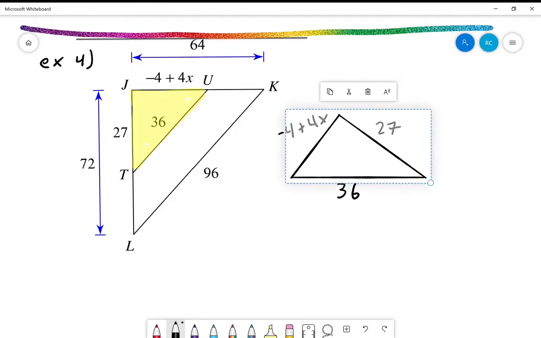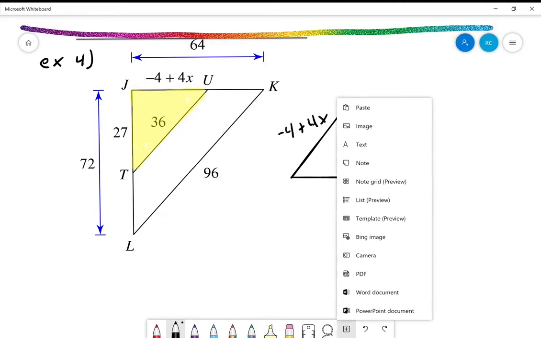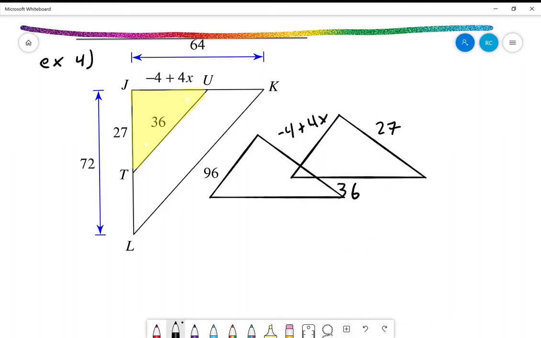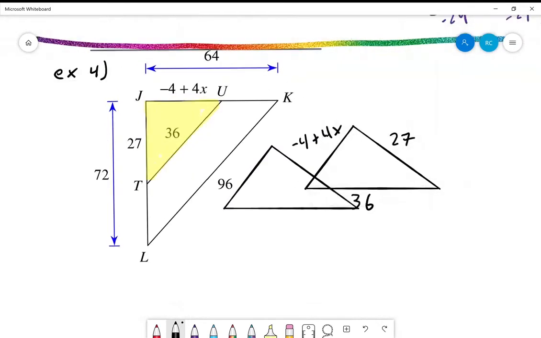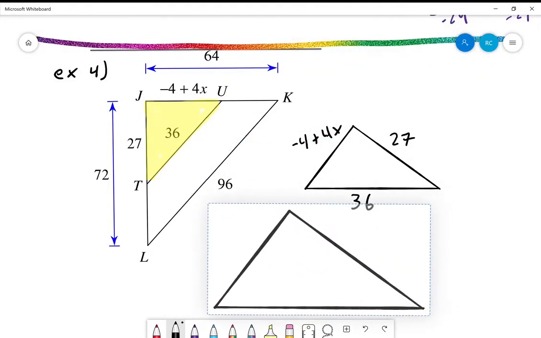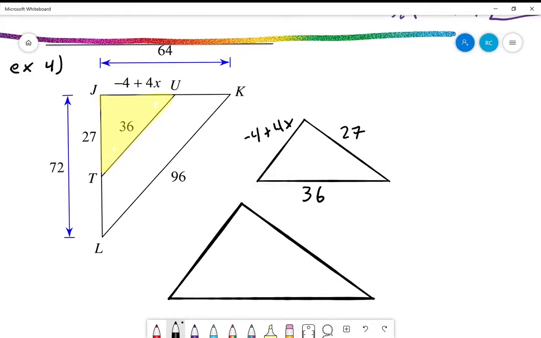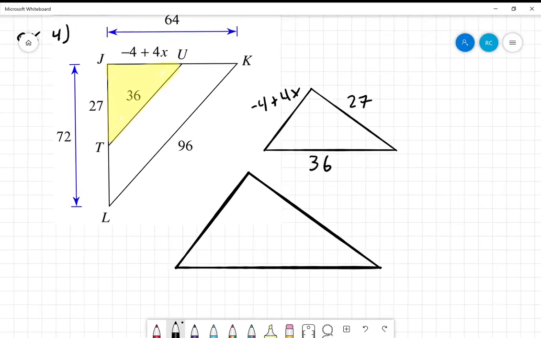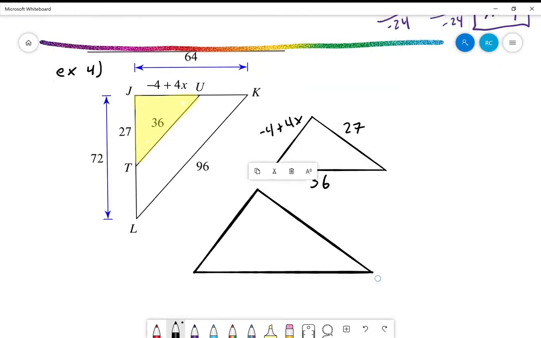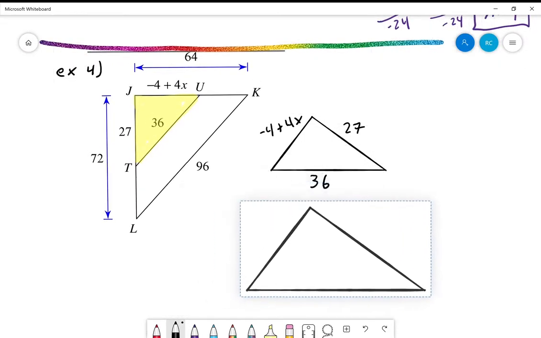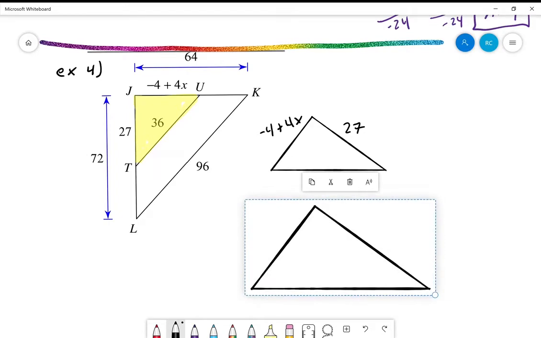I'm going to go ahead and copy this and paste it. Okay, so here's the larger triangle. And we're actually going to separate these off a bit in a second, because once we have these two triangles, the original is going to become pretty useless.